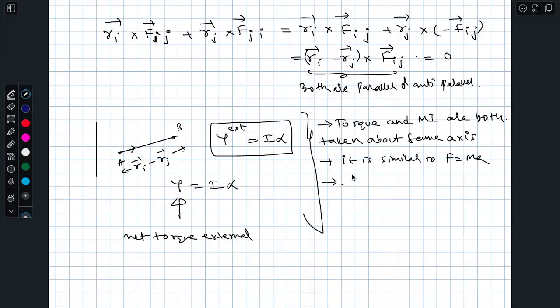And remember, tau is equal to I alpha is not an independent rule of nature.